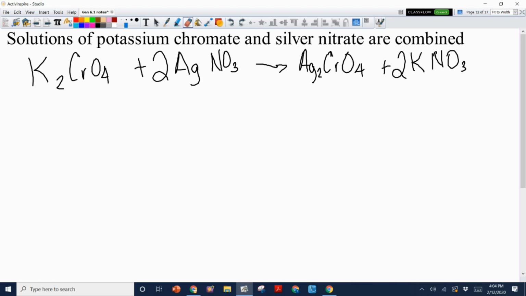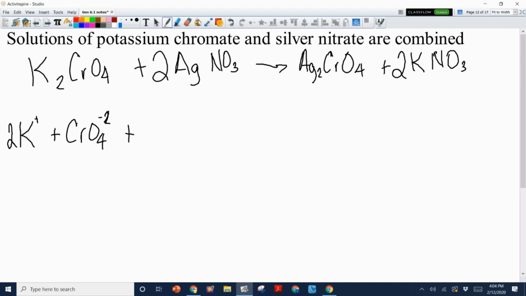All right, so now we need to look at these to see if they are soluble in water. We just said a moment ago that any group 1 is always soluble. So we have 2 potassium ions in solution. We have a chromate ion in solution, plus silver nitrate.